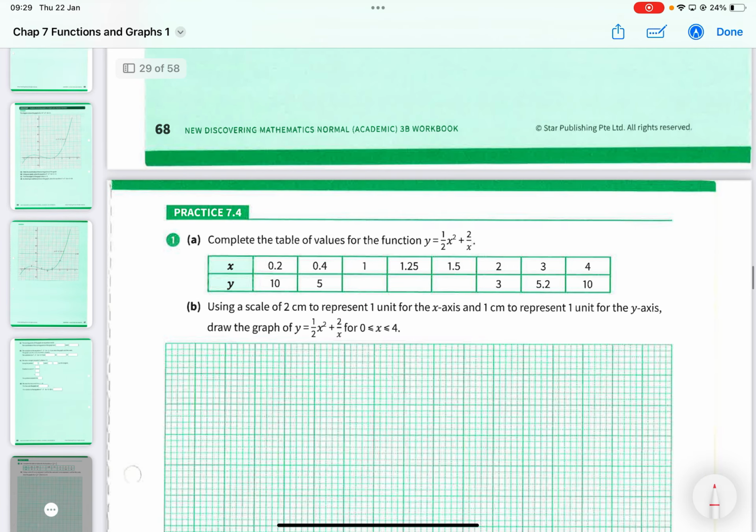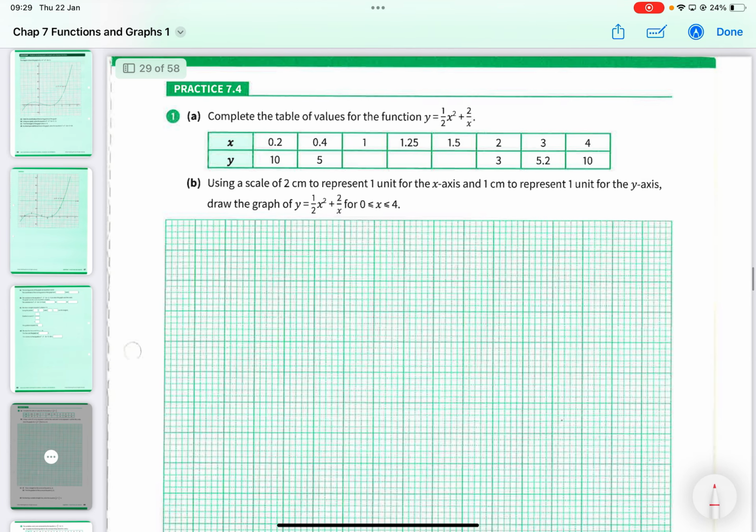Okay? With the basics, you can start to do this question already. All the individual parts are the same. So Jaden, faster one, go and try this already. 7.4.